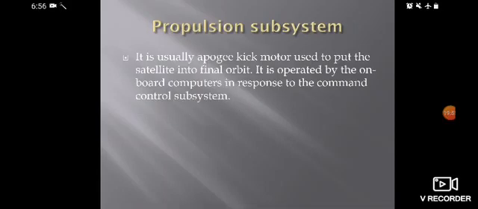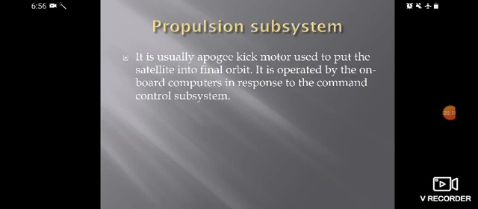And the next one is the propulsion subsystem. Usually an apogee kick motor is used to put the satellite into the final orbit. It is operated by the on-board computers in response to the command control subsystem.